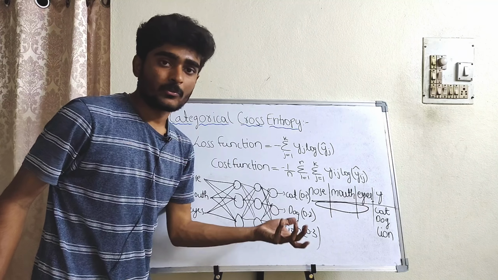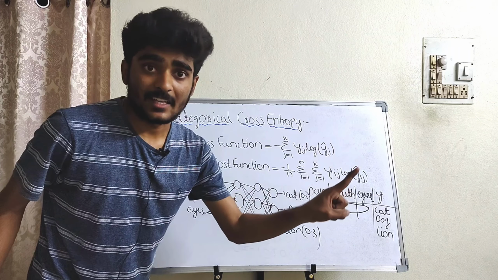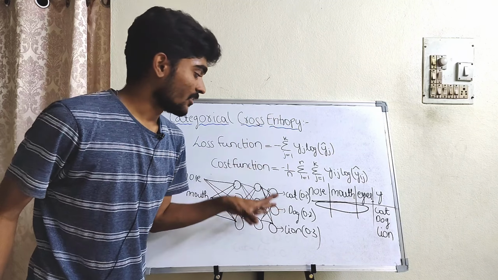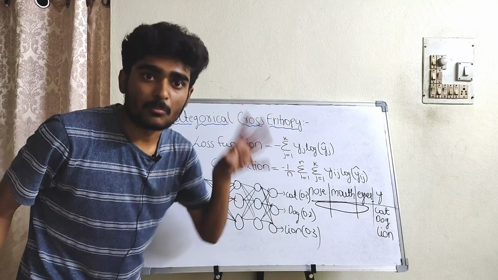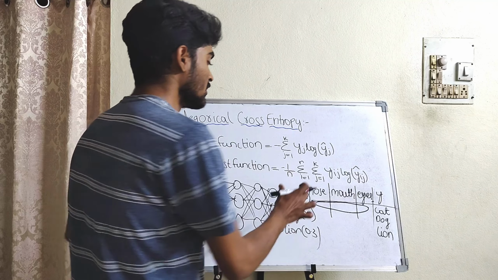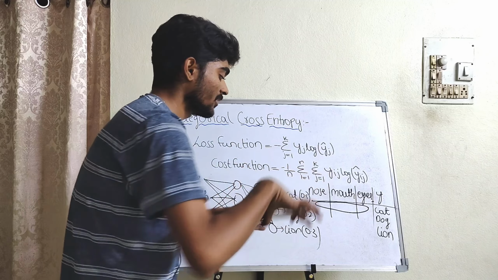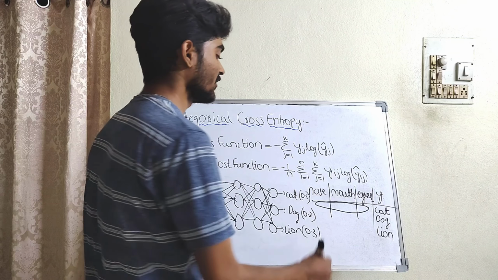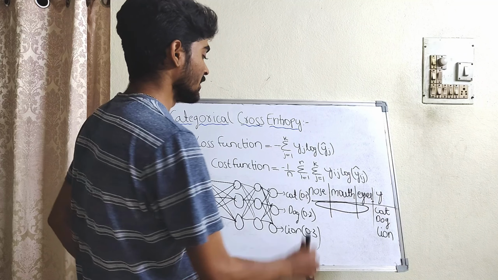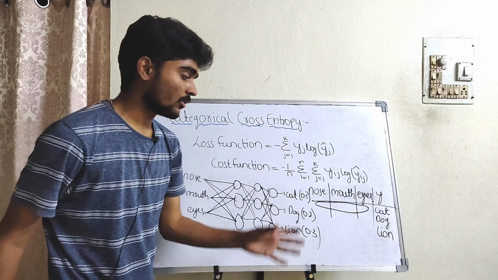In any neural network doing multi-class classification, the sum of the predictions of the output nodes is equal to 1. Now we have got our predictions ready.